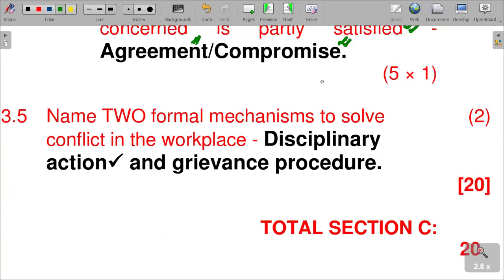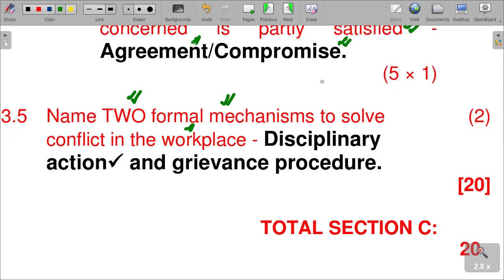3.5, name two formal mechanisms to solve conflict in the workplace. The question wants two formal mechanisms: disciplinary action and grievance procedure. Disciplinary action: when a problem arises, how is it solved? We have a disciplinary committee or team set up in an organization.